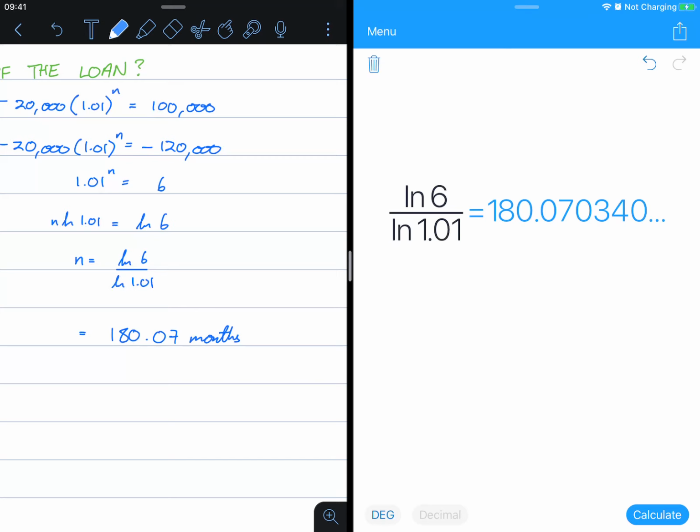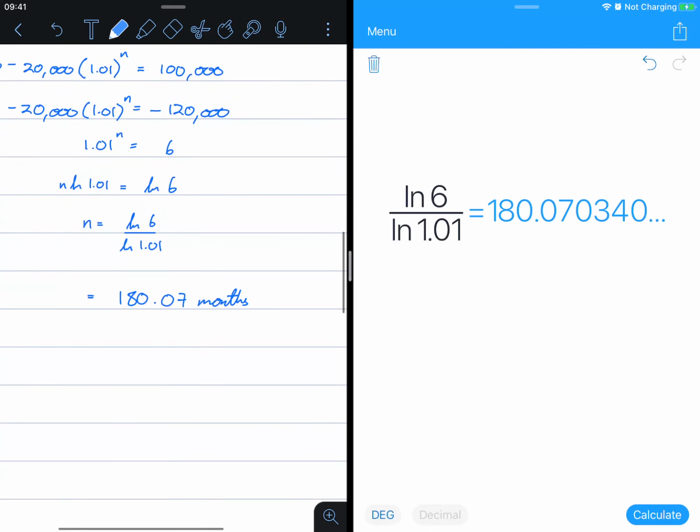Now here's where it gets a little tricky, because whether we round up or keep it the same, months can be measured in 0.07 of time, but treating this as a series where n values can only take whole integers, we will need to round up.